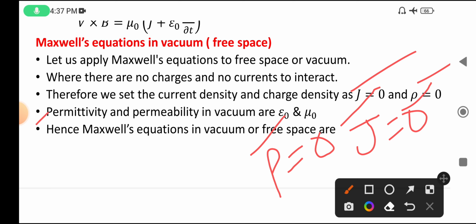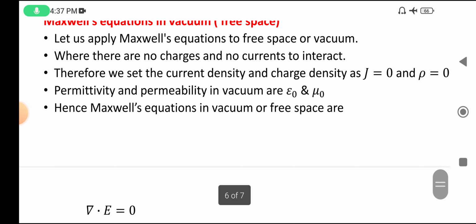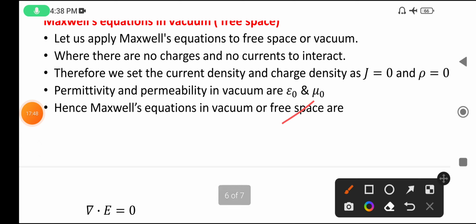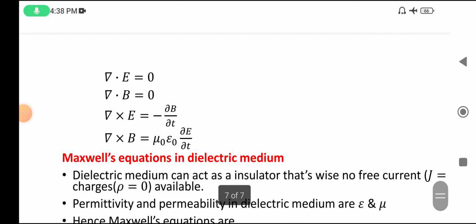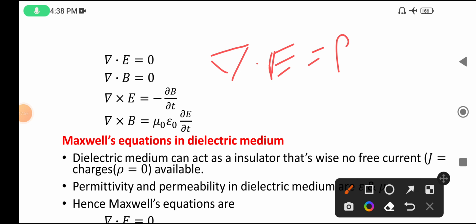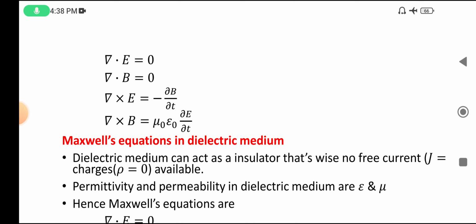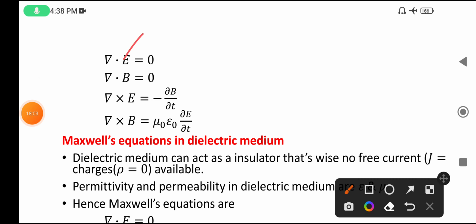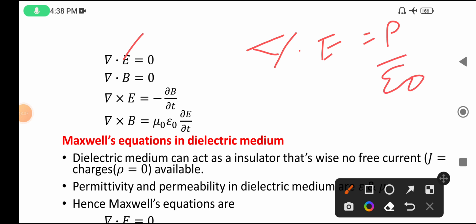And permittivity and permeability in vacuum are denoted by epsilon naught and mu naught. Hence Maxwell equations in free space are: del dot E is equal to rho by epsilon naught.